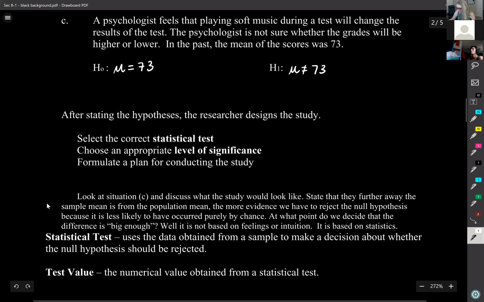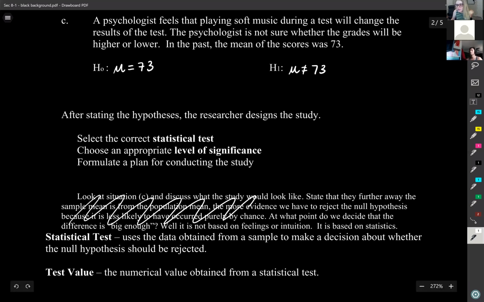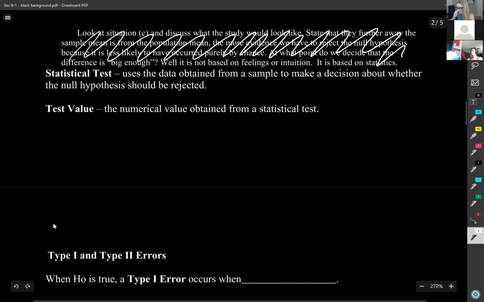Hold on. I think these were like notes for whoever was lecturing, because I definitely don't have these in the version that I posted on Canvas. Okay, we're just gonna skip this because this is the first time I'm seeing this thing. Okay, move on to our next definition.